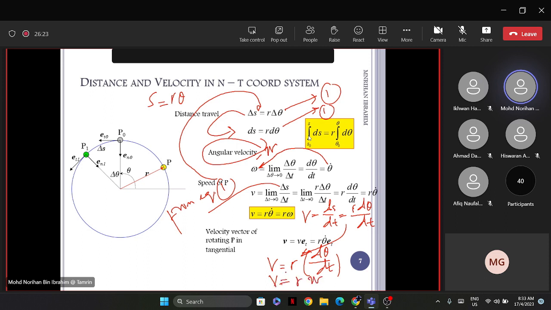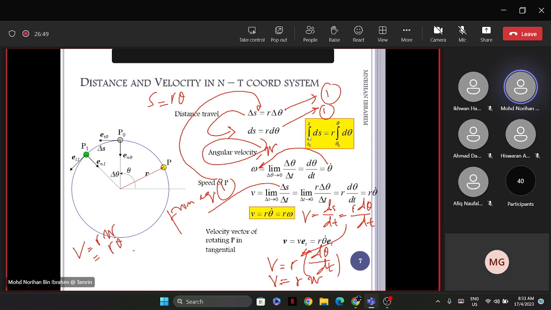So we got the velocity equation in the context of the normal tangent coordinate system. Velocity is always tangent to the curved path. For this velocity equation, V is equal to R omega, which is equal to R theta dot.